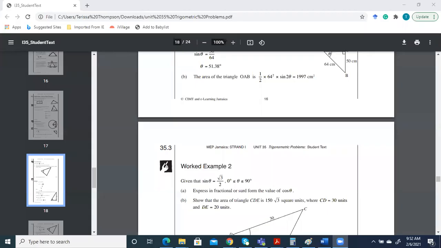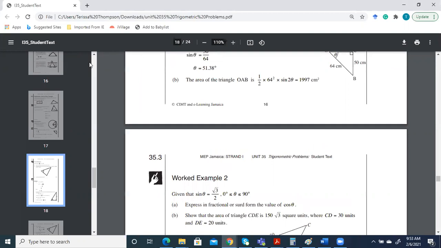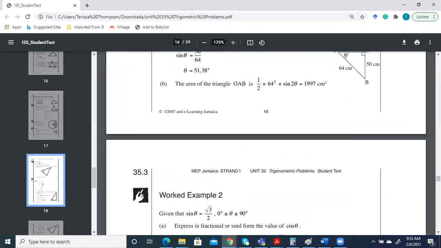Sorry, I'm just pulling up the document that we're going to be working from. So the last time we spoke, I had told you that this document that Sir had sent in the group has questions on it, and that you should attempt to work those questions leading up to our class today.